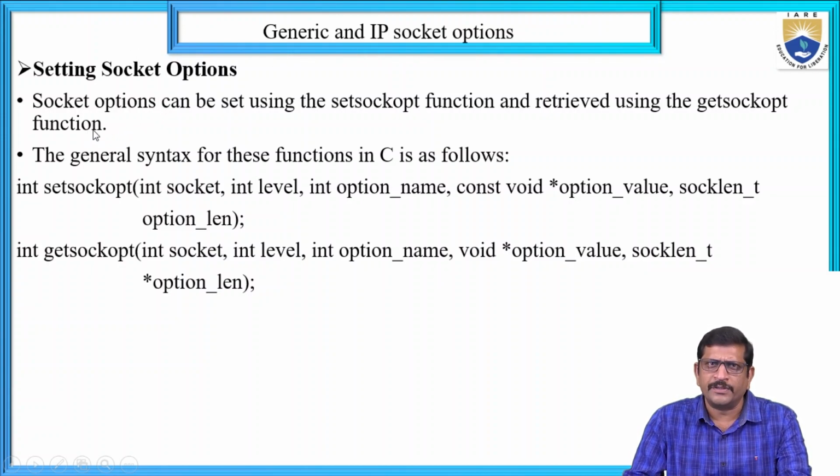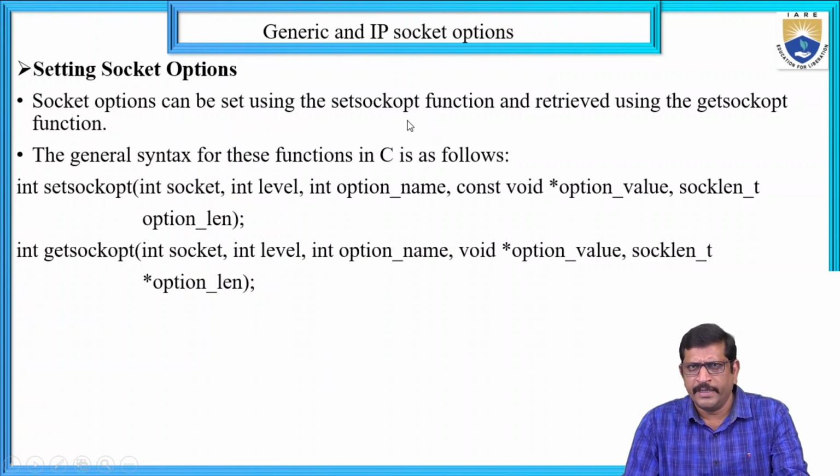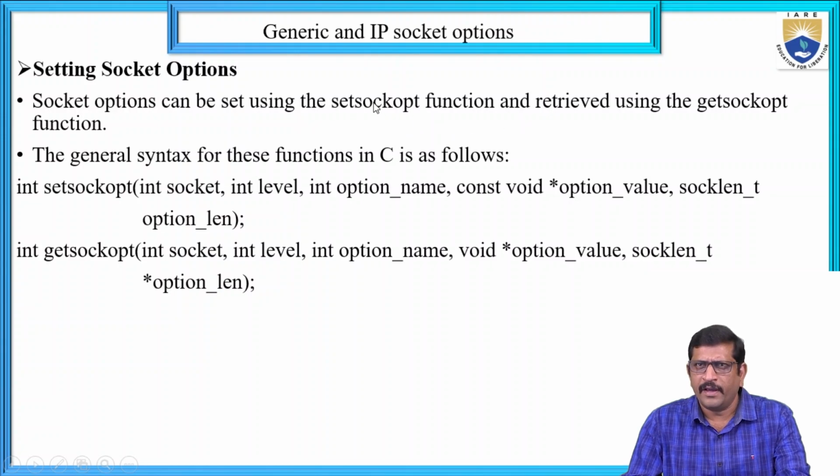Socket options can be set by using the setsockopt function and retrieved using the getsockopt function.